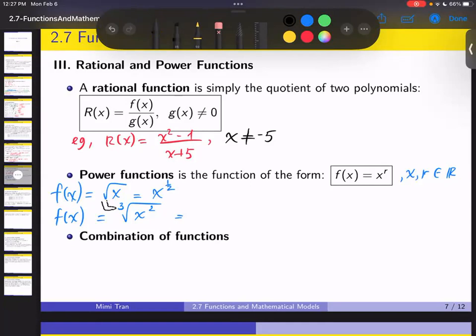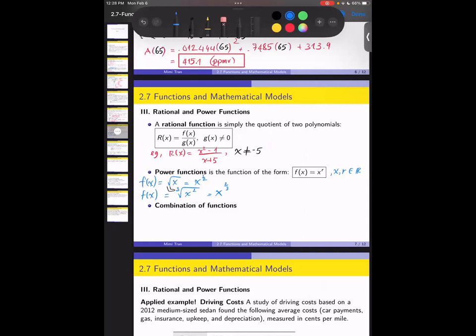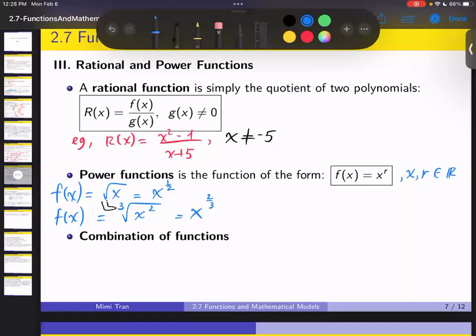You kick the 3 over, let's go underneath the 2. So there'll be x to the 2/3. Power always on the numerator, and then the index will be in your denominator. Locked it.